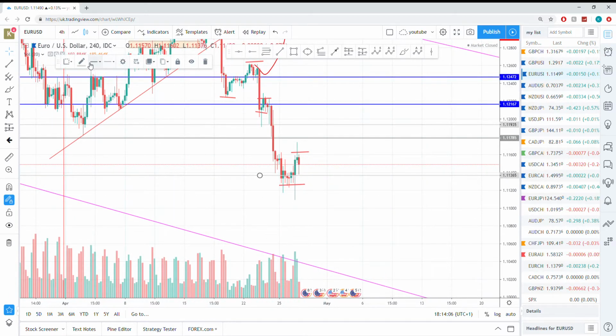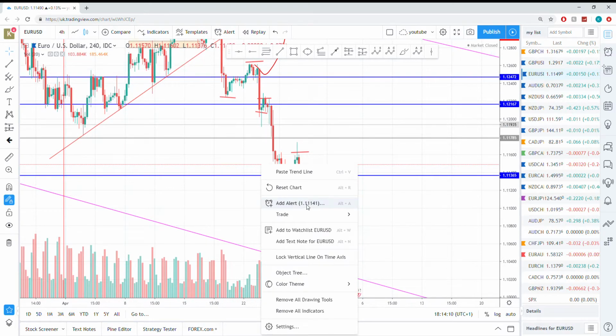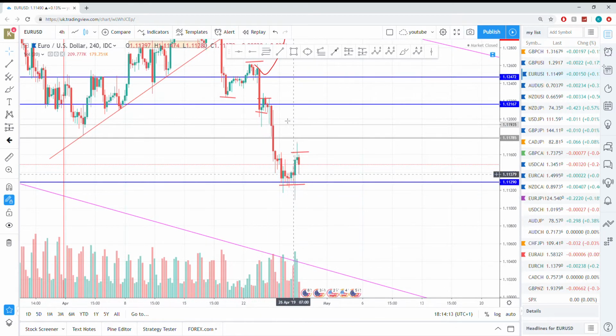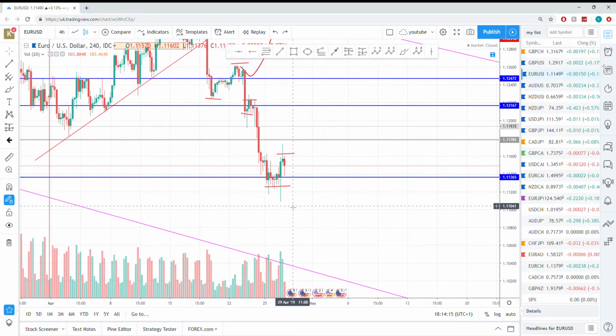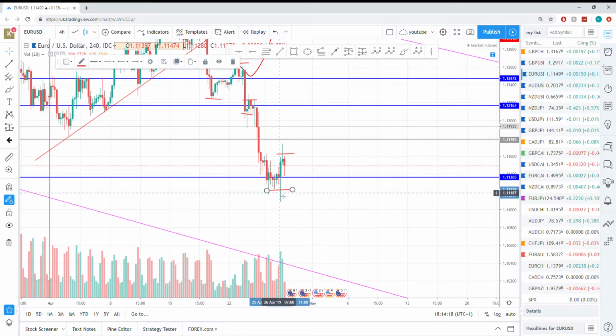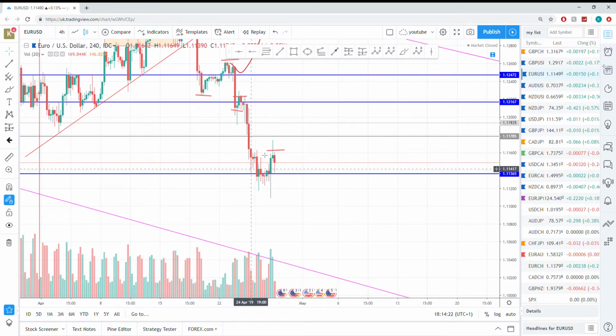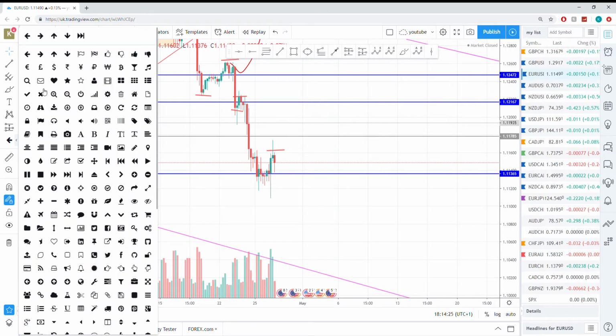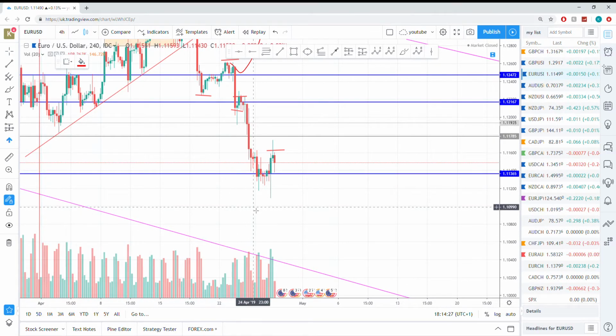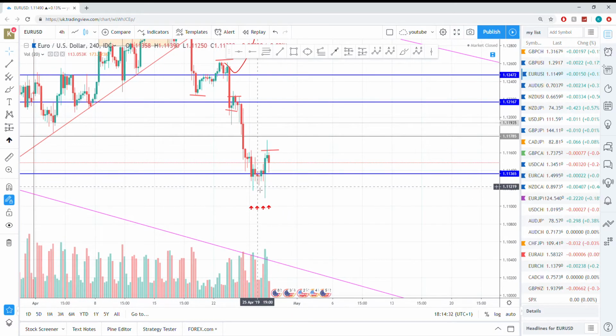I'm just going to change the color to blue. This would be our daily time frame key zone. These huge pin bars here indicate to me that we have quite a bit of sensitivity at this area. There's 1, 2, 3, 4, 5, 6, 7, 8 pin bars here of pure sensitivity in rejection of this.